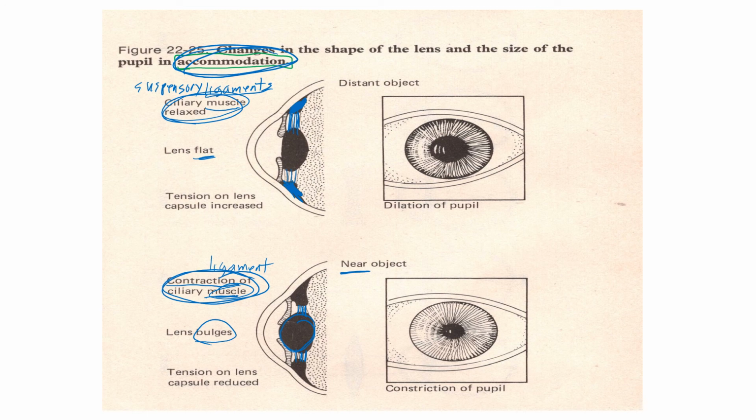There's less than a second, maybe less than half a second, of haziness when you look at that little letter, as it takes time for these muscles to tighten up and for this bottom diagram to occur. Muscles tighten, ligaments relax some, the lens takes more of a bulging shape, and we can focus on the object closer up. If you want to do that again, that's something called the accommodation reflex as we're doing that.